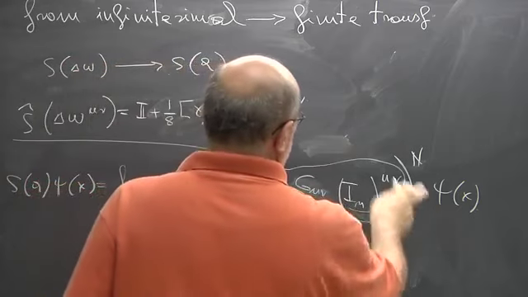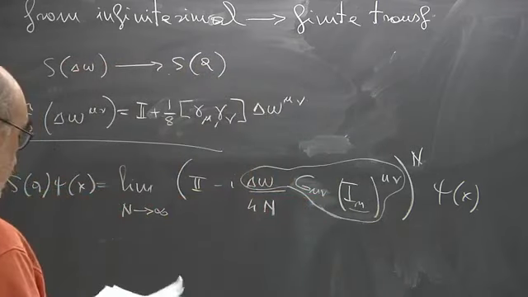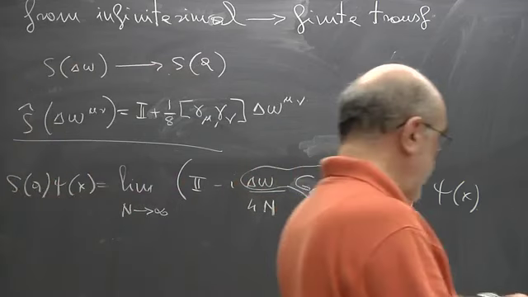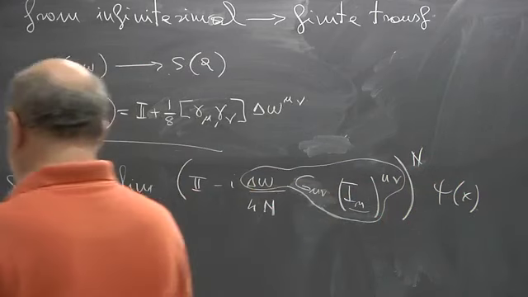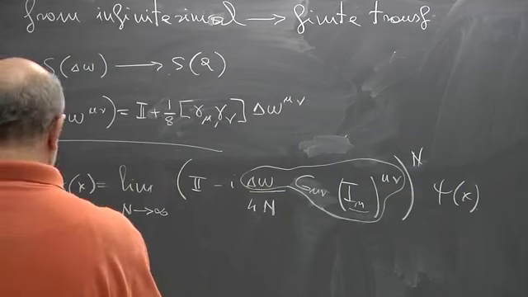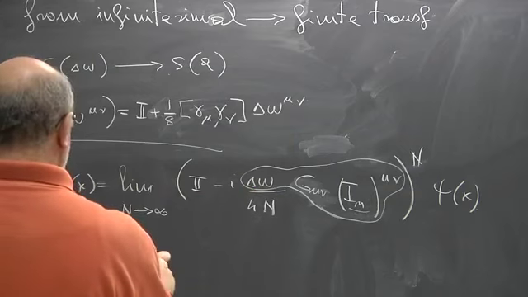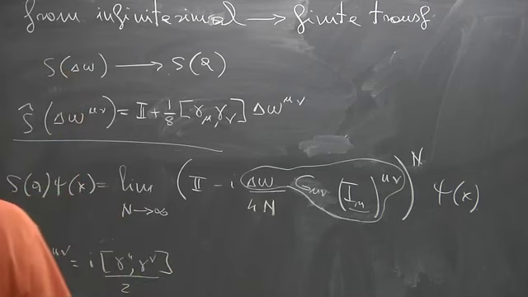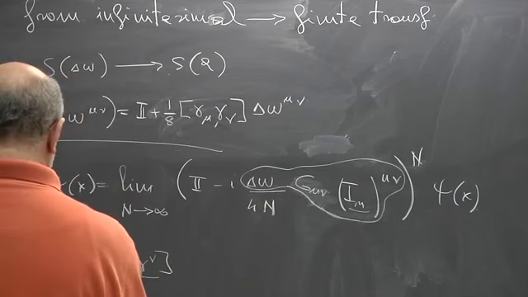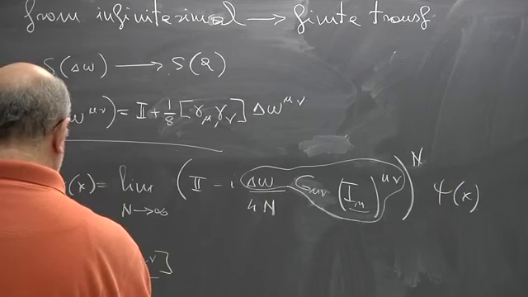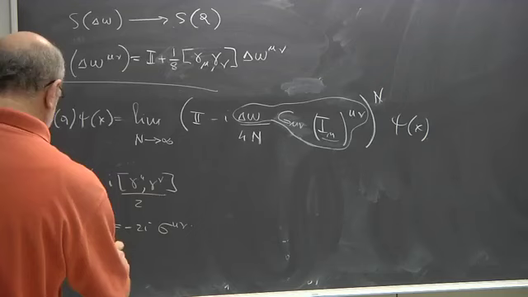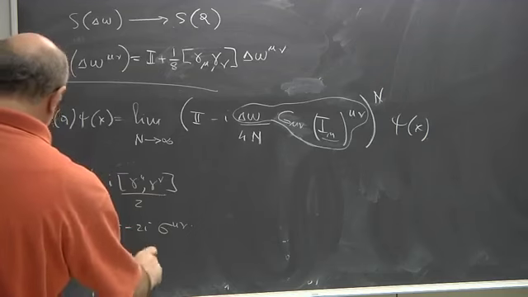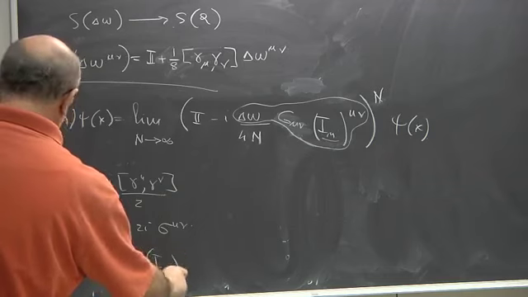This is the finite transformation, so let's work out its details. First of all, we know that sigma mu nu is i gamma mu gamma nu over 2. That is the same as saying that gamma mu gamma nu is equal to minus 2i sigma mu nu. And delta omega mu nu is equal to one parameter delta omega times some matrix mu nu.